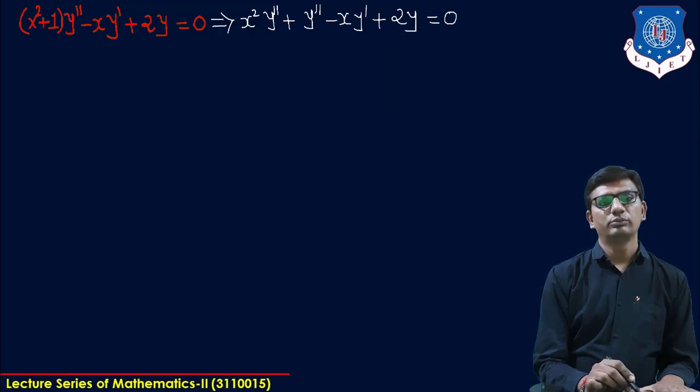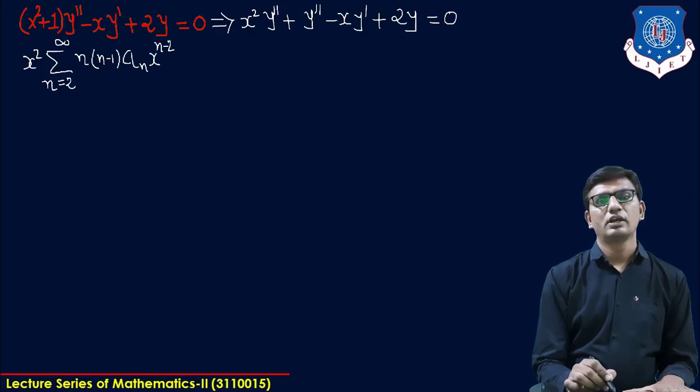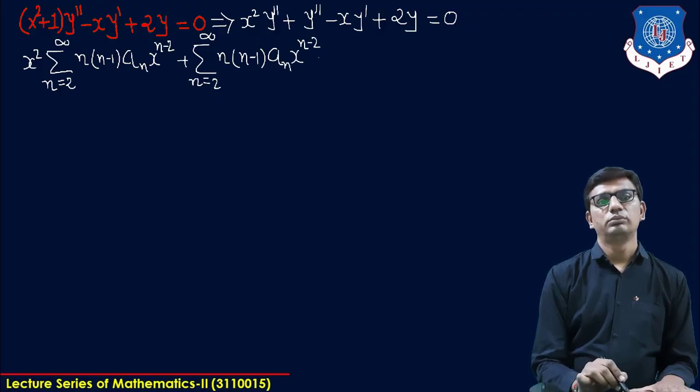Now we put the summations in this differential equation. For y″, we have x² Σ (n = 2 to ∞) n(n − 1) an x^(n−2) + Σ (n = 2 to ∞) n(n − 1) an x^(n−2) − x Σ (n = 1 to ∞) n an x^(n−1).